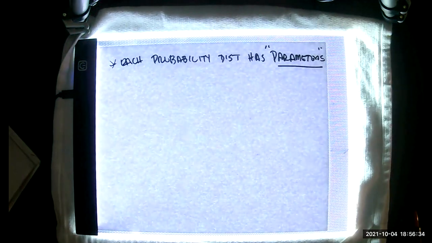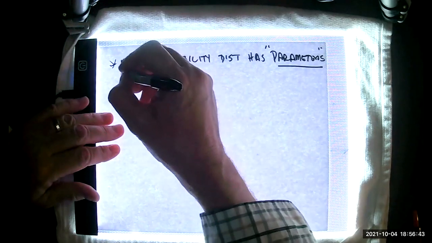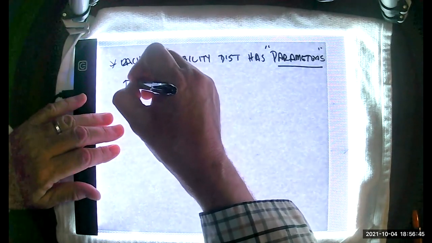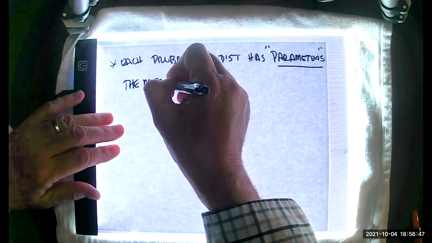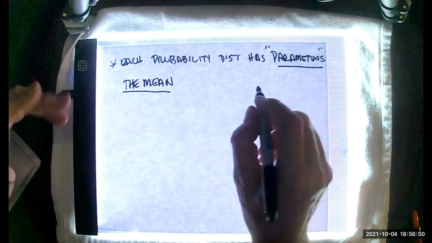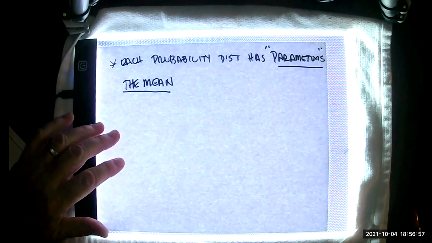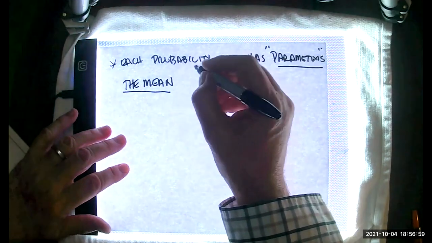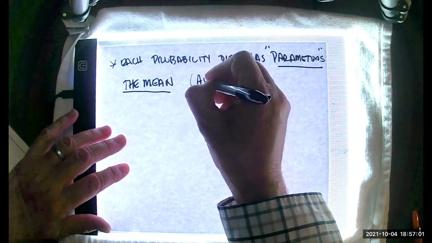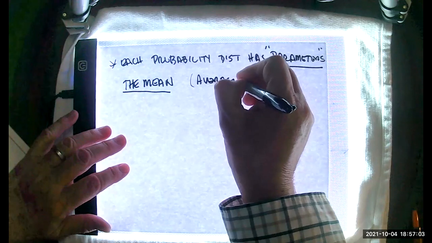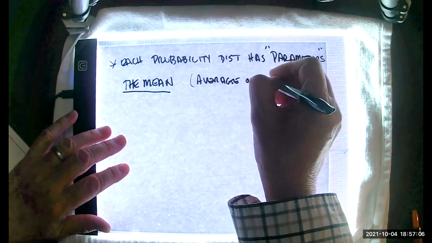Each probability distribution has parameters. If you take a look at your book, it does something that's a little bit funny. First, we have the mean. And then I'm going to do a couple of examples to really drive home the point that you can actually bring a little bit of intuition to this. The mean is essentially the average outcome.